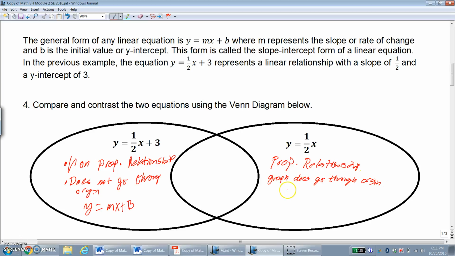And the equation is y equals mx. So what they do have in common, though, is they're both a linear relationship. It has a slope of 1/2.